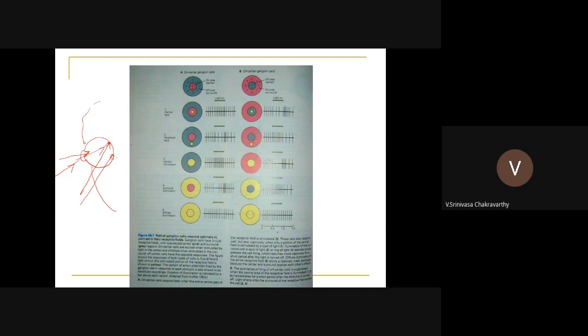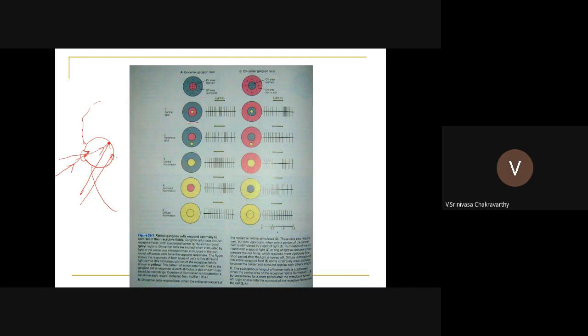Here you can also play with the size of the stimulus, the size of the light dot that you're flashing on that part of the retina. If you look at the schematic on the right side, in the first one they're showing a very small light dot, and it shows a reasonable response.